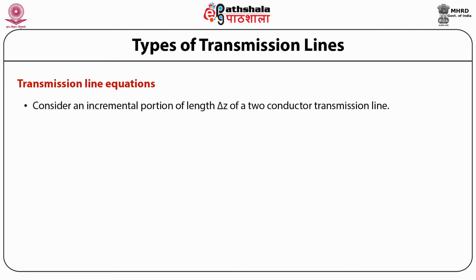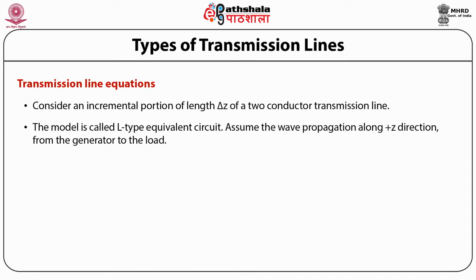Now consider an incremental portion of length delta Z of a two-conductor transmission line. So the equivalent circuit of a portion of the line, which is shown earlier, the model is called the L-type equivalent circuit. Now here we assume the wave propagation along the positive Z direction, from the generator to the load.